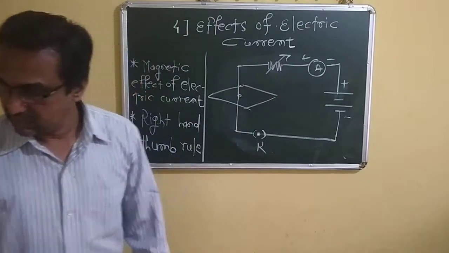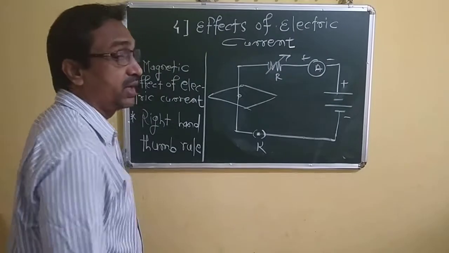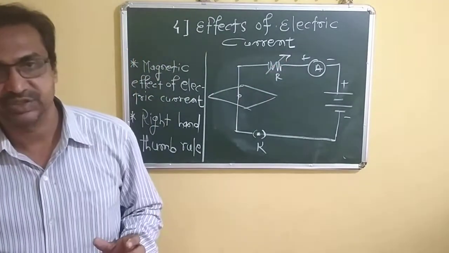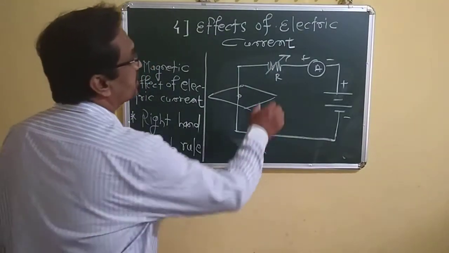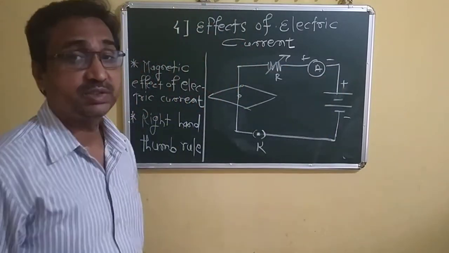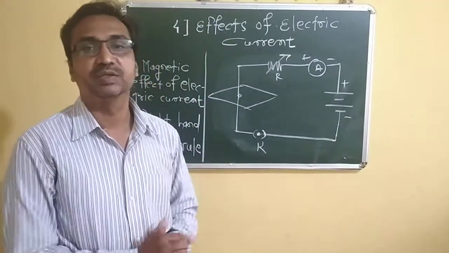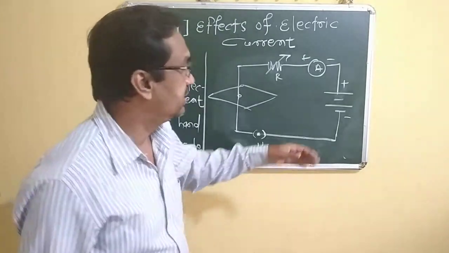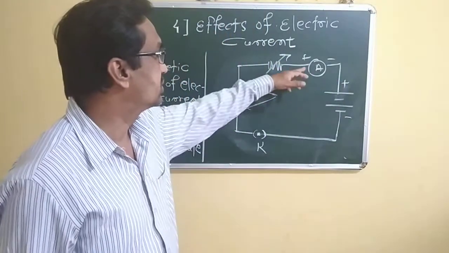Here is R, a variable resistance, which can be adjusted using this component. This component is an ammeter, which measures the electric current flowing in the circuit and is connected in series, and the cell carries the electric charge from one terminal to the other via these components.